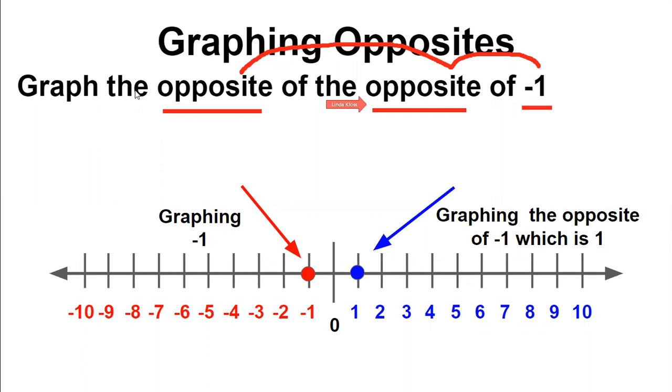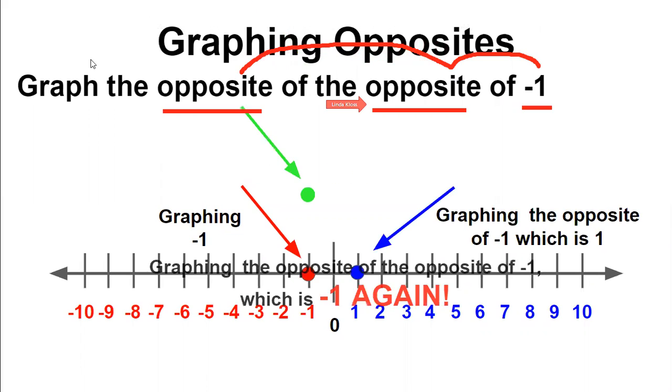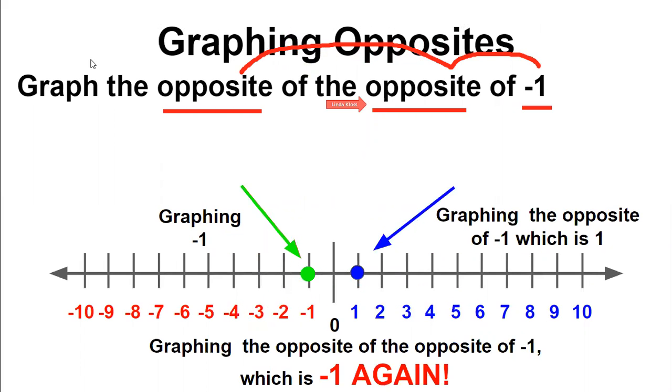What's the opposite of positive 1? Exactly. We're back to negative 1 again. So when you see the question, graph the opposite of a number, it turns into the number itself. So graphing the opposite of negative 1 becomes negative 1 again.